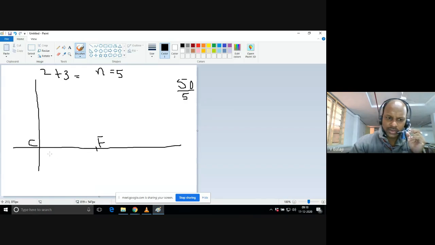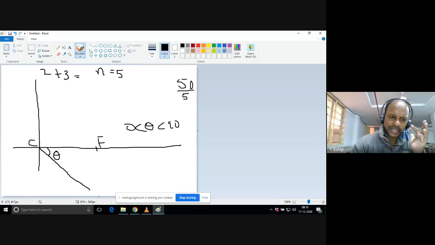For that, what we have to do is, from C, draw one inclined line of any length and of any angle theta. Generally, theta lies between 0 degrees and 90 degrees, and you can use any value here.